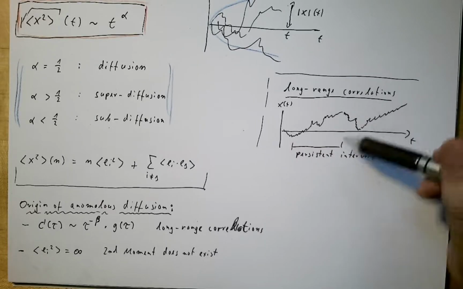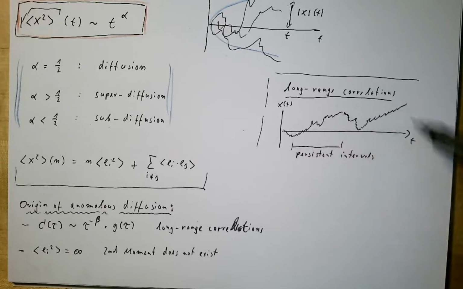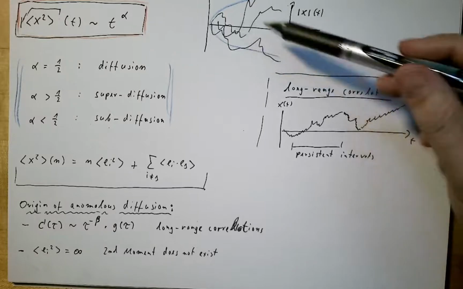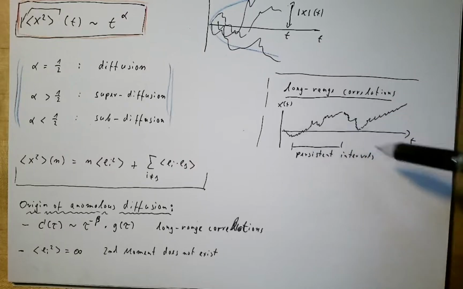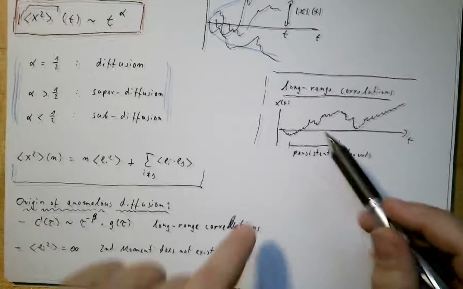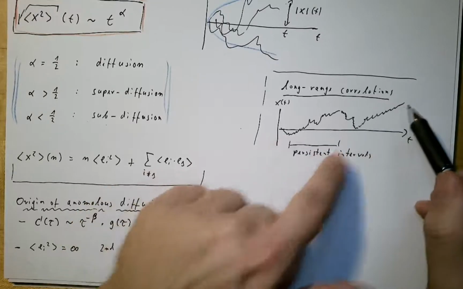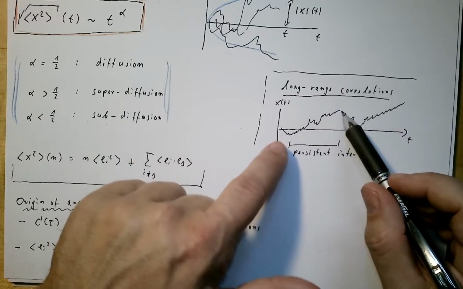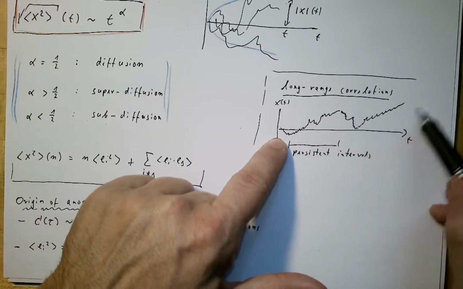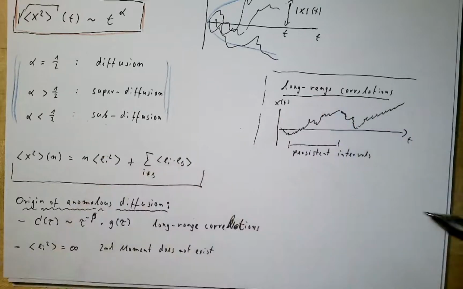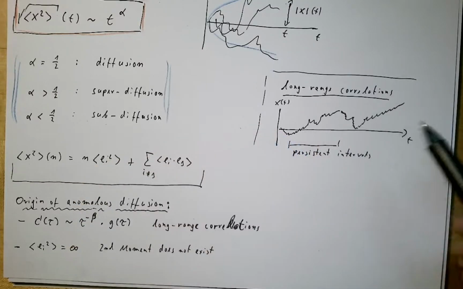But one has to be very careful with these analogies, because by looking at this you usually will not be able to see whether the walk is long-range correlated or super diffusive. You really have to do the analysis, because if these persistent intervals always had the same length, and the changes were random, then we would again have diffusive behavior on a larger time scale.